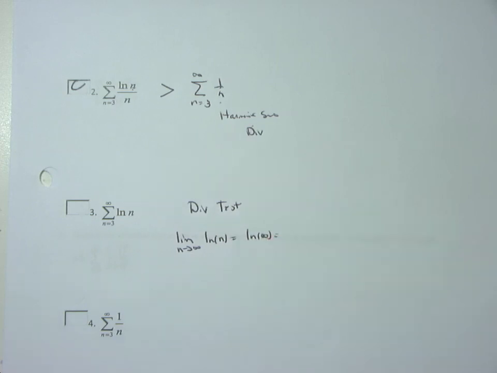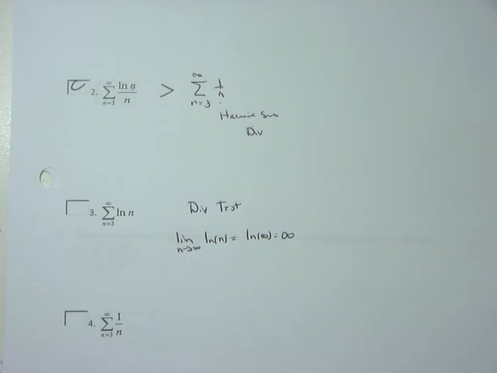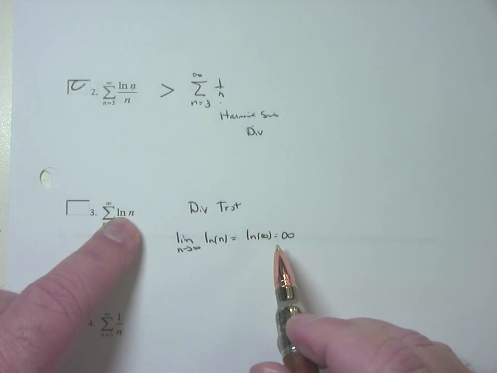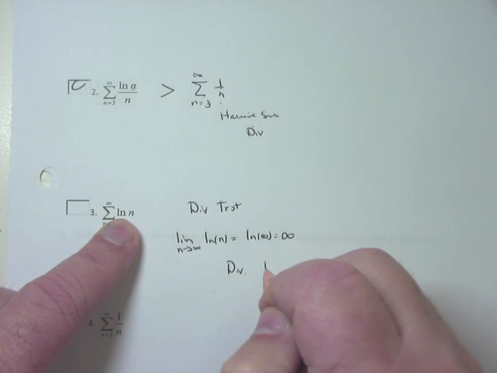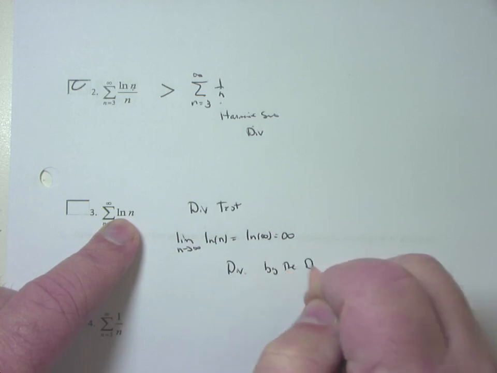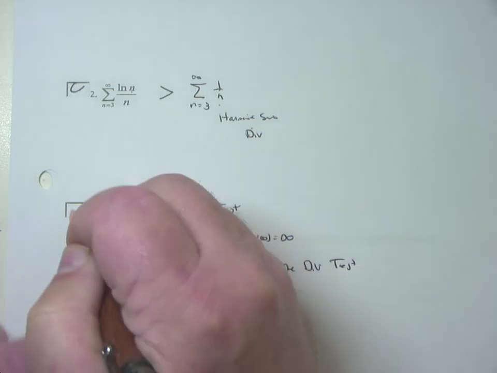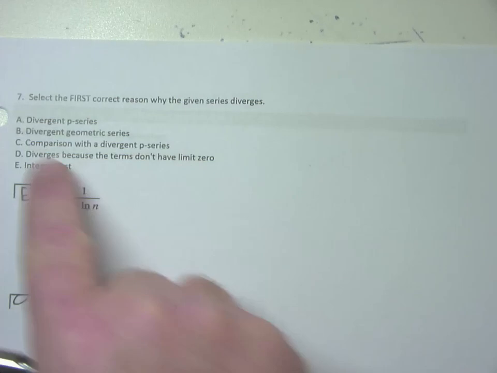But we know from calculus 1, the natural log of infinity is infinity. These things don't get smaller, they get bigger. So you're getting numbers that are bigger and bigger and bigger, and when you add that up, it's going to blow up very quickly. This is divergent by the divergence test, which means it's actually D in your lineup. The terms don't have a limit of 0, therefore automatically the series is going to diverge.